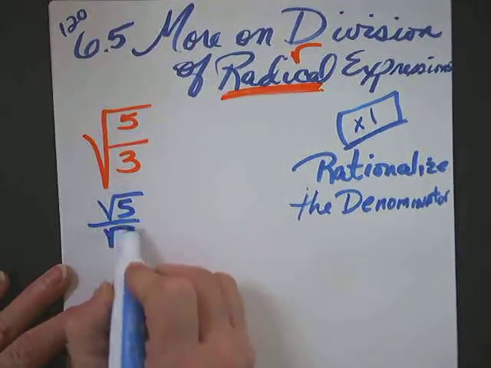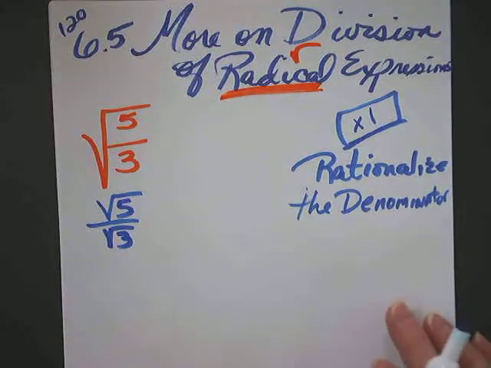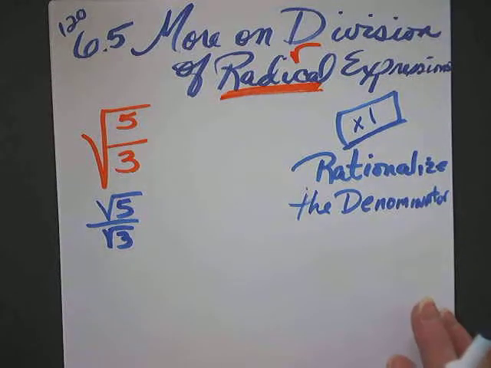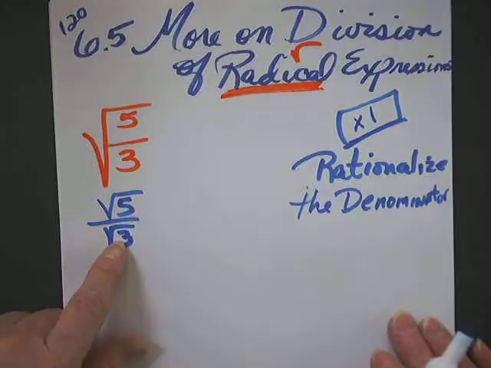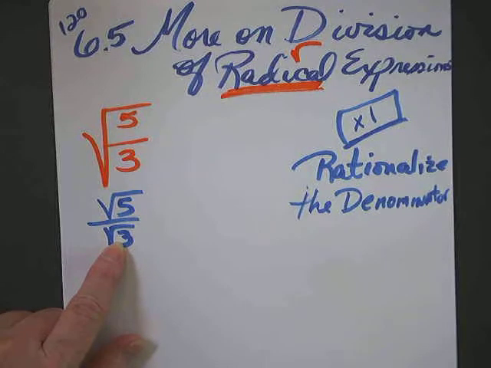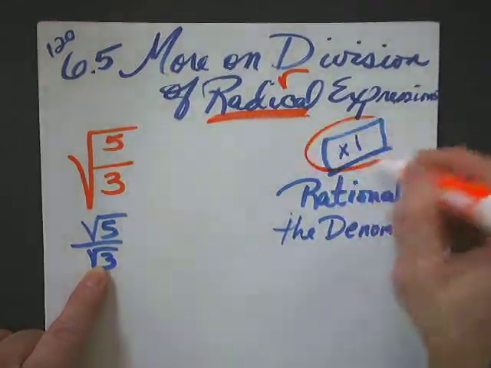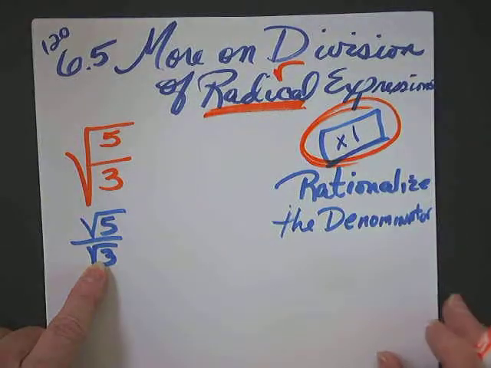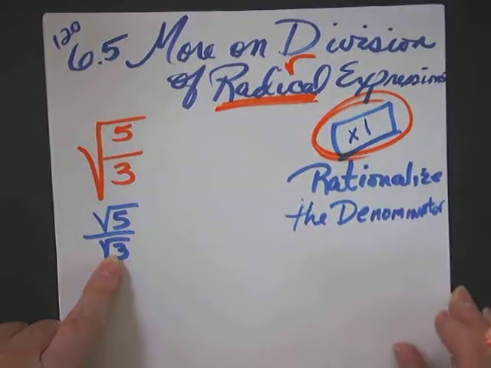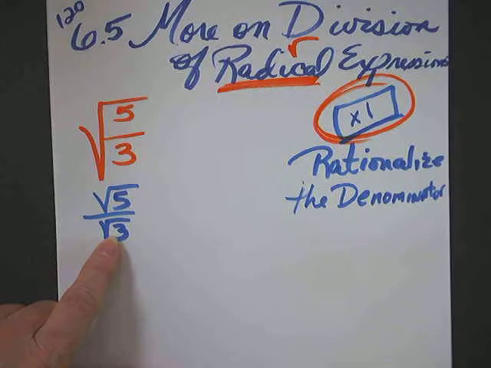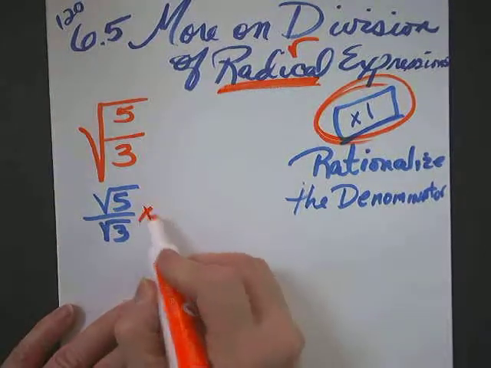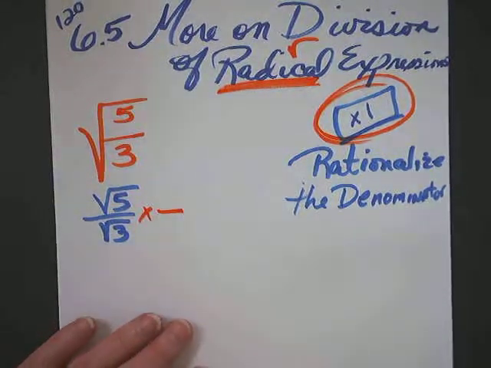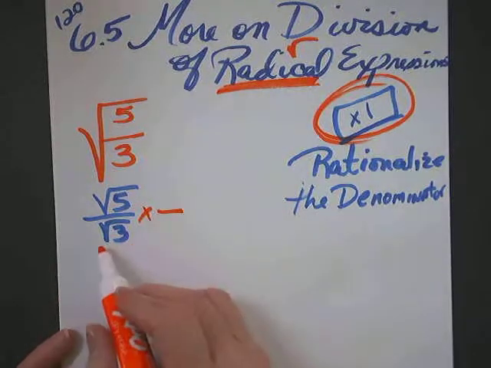Remember that this can be rewritten as square root of 5 over square root of 3. That's got a radical. We need to rationalize that bottom. How are we going to rationalize it? Multiply it by 1. It's still going to be the same thing, but we're going to multiply it by 1 in the form of something over itself.